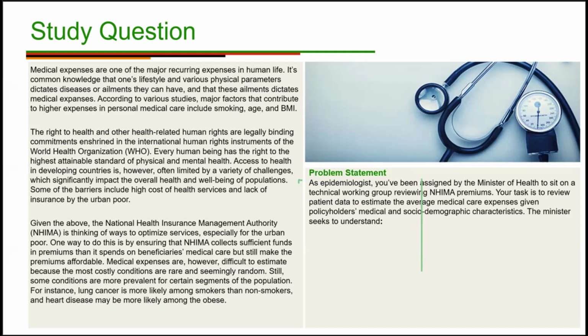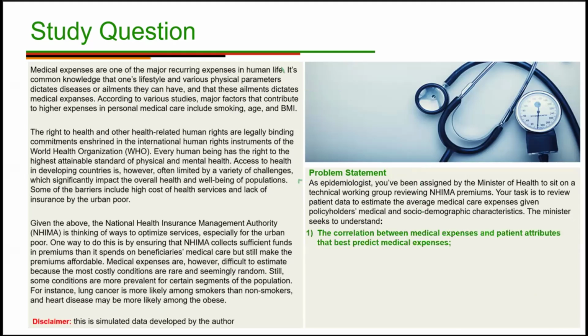And the minister wants to understand the following. One, the minister wants to understand what the correlation between medical expenses and the person's attributes are, and which attributes best predict medical expenses.